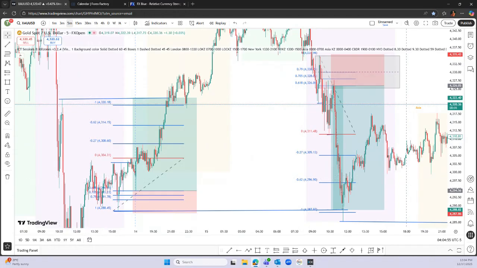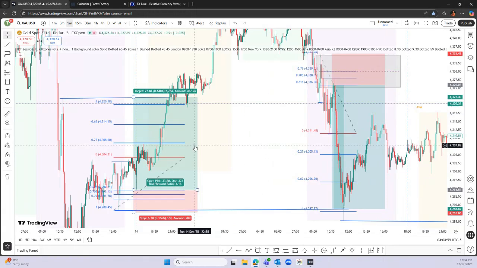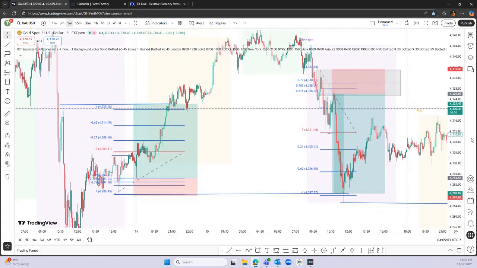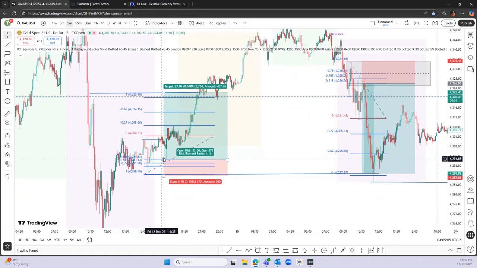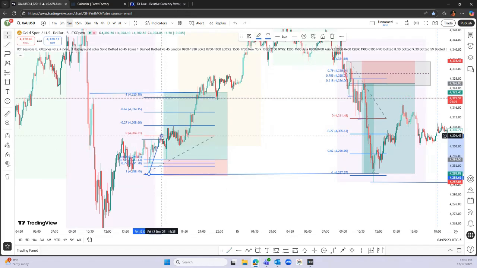Now in a bullish scenario, remember, first of all we have seen the price making higher highs and higher lows. So we mark the swing leg that broke the structure, or that created a break of structure. So that was this one, right? This leg here is what broke the structure.